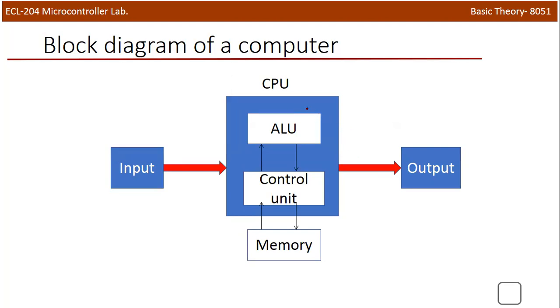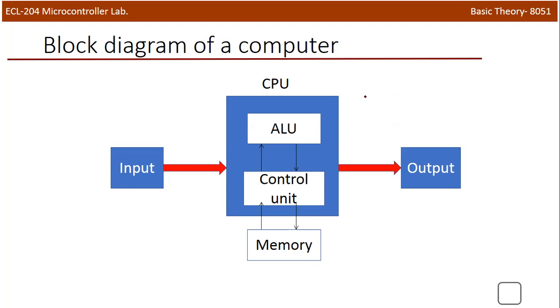Okay. Now the computers are available in a small box. Okay, you can imagine your desktop computer. There will be keyboard, display unit, the CPU, central processing unit, etc. All these are available in a small box. But in the initial days, all these circuits were separate.